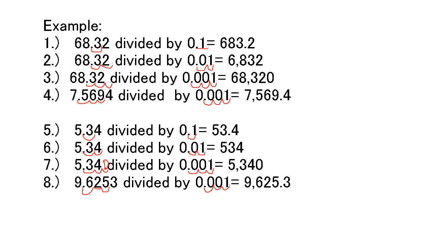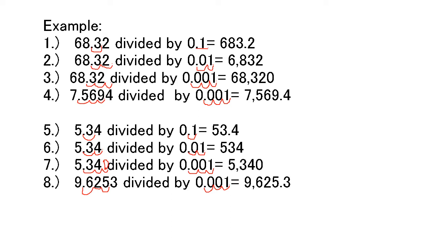So we are going to move the decimal point to the right. First, let us move the decimal point in the divisor. So, move the decimal point. So, it becomes 1.